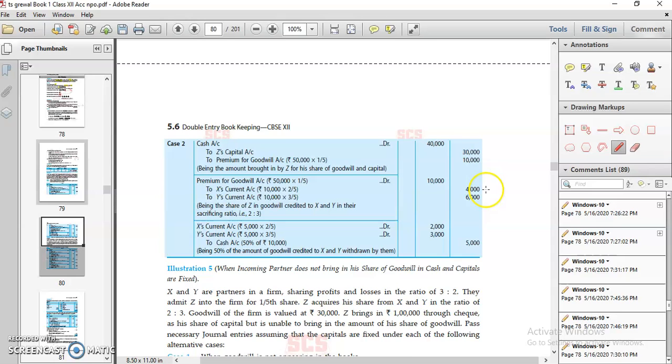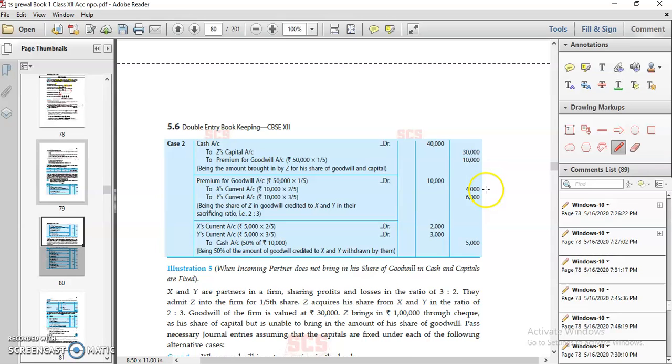Now the first entry would be the same, the second entry would be the same, and the third entry comes because of the second case. Whatever amount is credited, 4,000 and 6,000, multiplied by 50%: 4,000 at 50% means 2,000 withdrawn by X, and 6,000 at 50% means 3,000 withdrawn by Y. So the entry comes X account debit, Y account debit to cash.